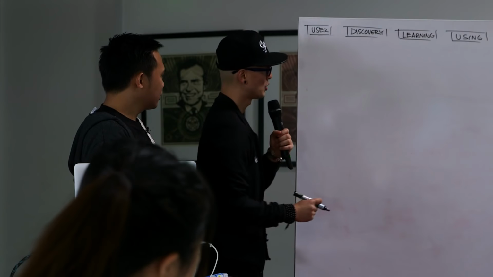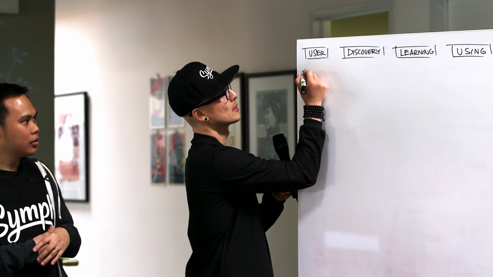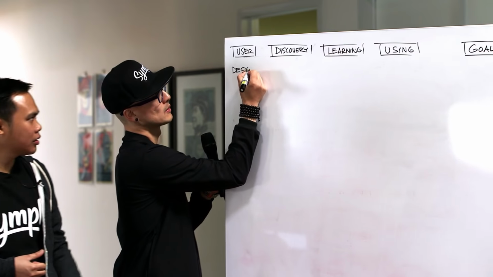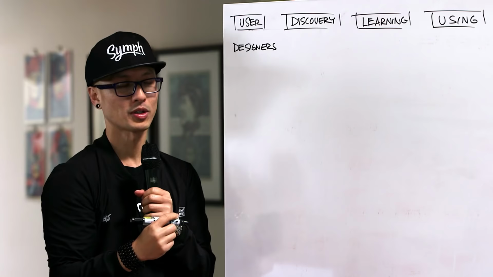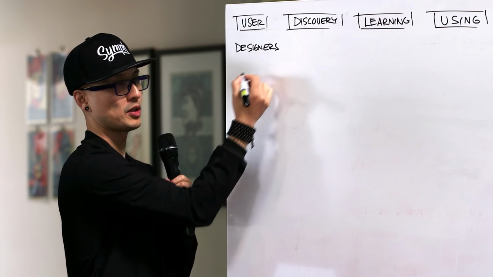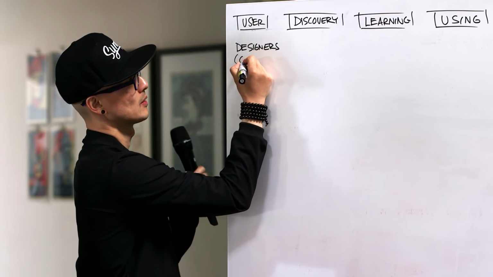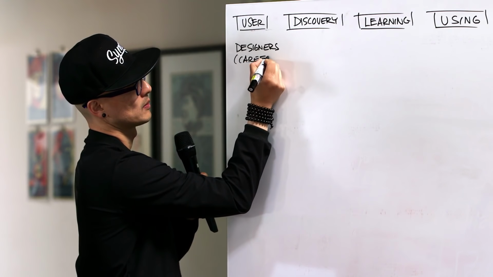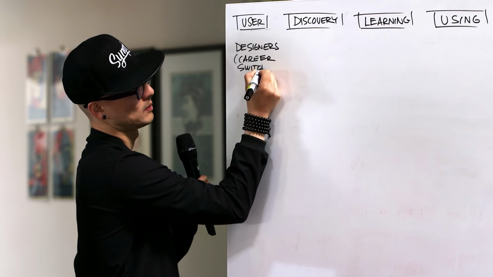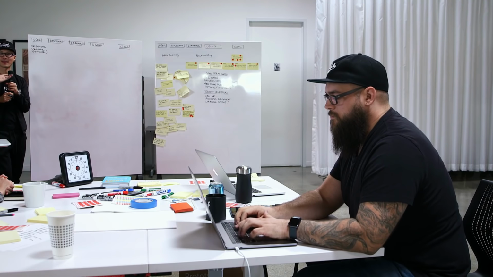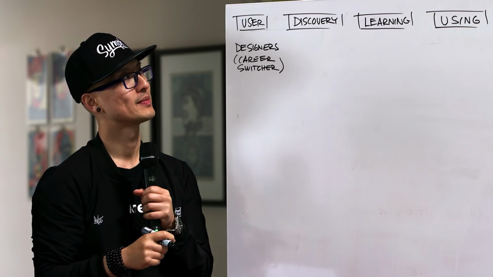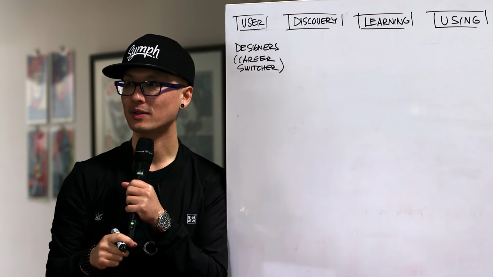Maybe just lump them into students, or designers. Okay, we'll just call them designers. Would they have a similar sort of path, you think? Not really? All right, pick your top two then. Career switcher. Should I do designer, career switcher? It's either the late bloomer or career switcher. Do you have any other user that's very important to you? We can do multiple, but for now we'll stick with one.